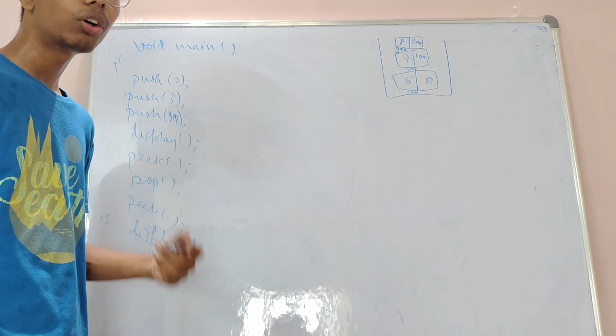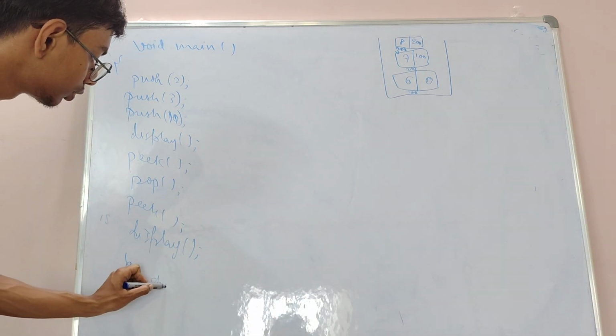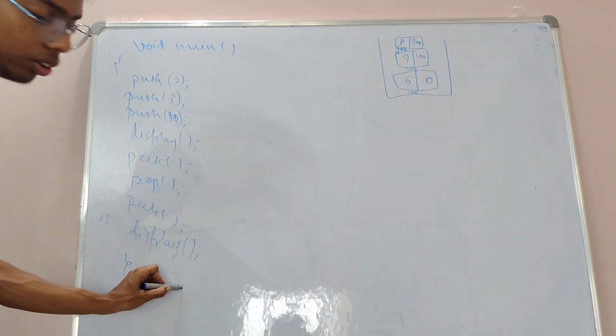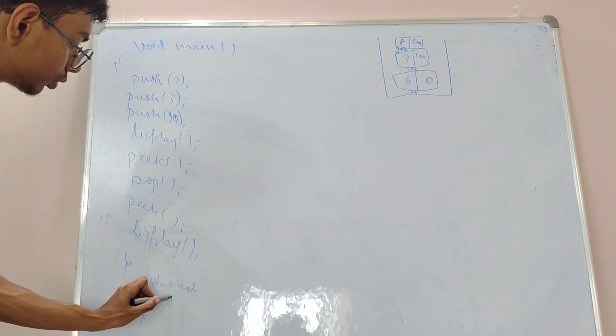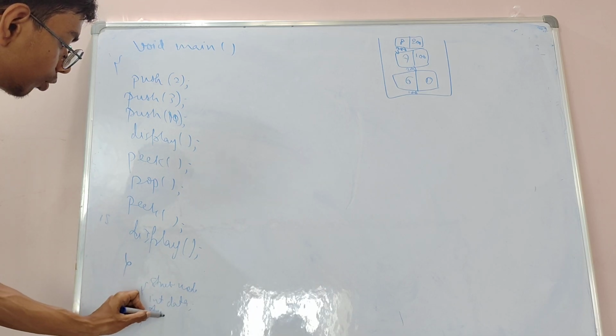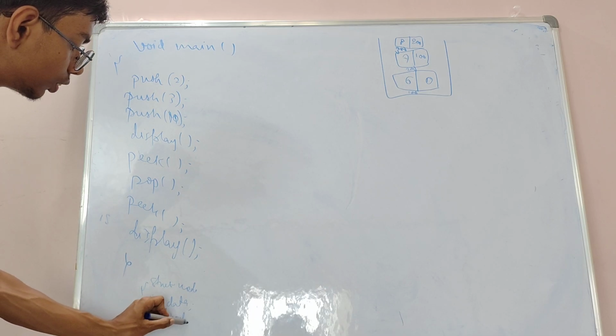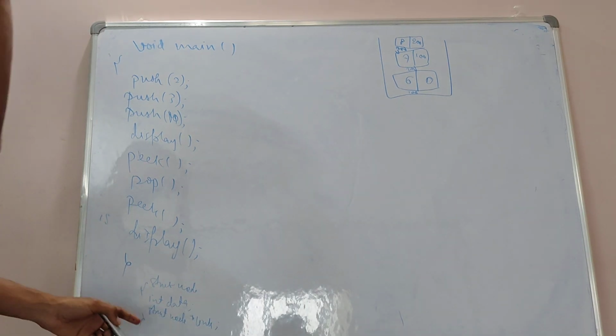And apart from this, I have defined my own user defined data type, which is struct node, and in brackets int data, and a pointer which will point towards the struct node data type, which is struct node asterisk link. This is a pointer.